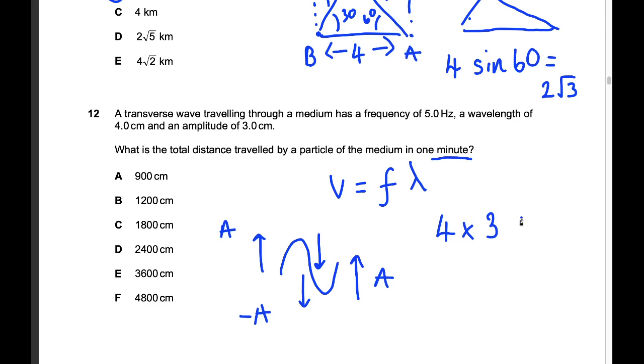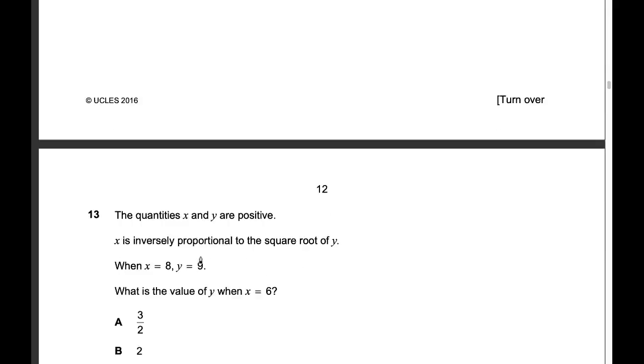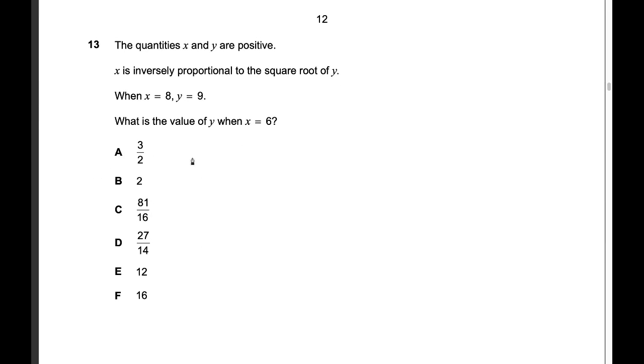So every second, 5 of these waves pass, and we have a total of 60 seconds. So we're looking to sum this. 12 times 5 is 60, so it's 60 squared, which you should realize is 3,600 centimeters.